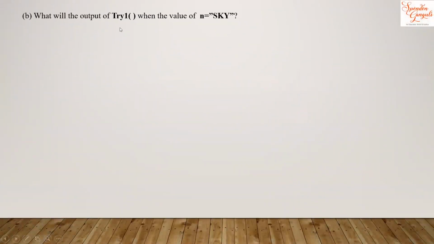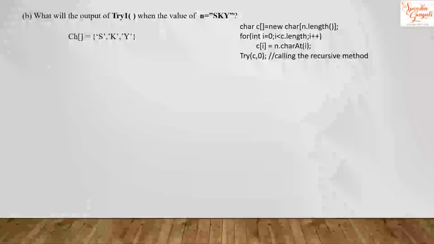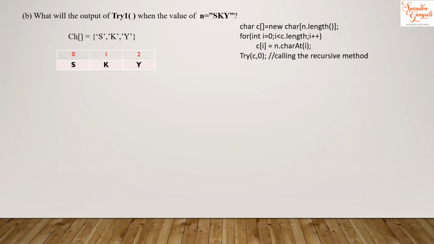What will be the output of try1 when it is having the parameter as string sky? The first part in try1 is converting the string to a character array, and then finally we get the character array sky. Now it is being passed to the try function, which is a recursive function call, and you have seen what the try function is doing.